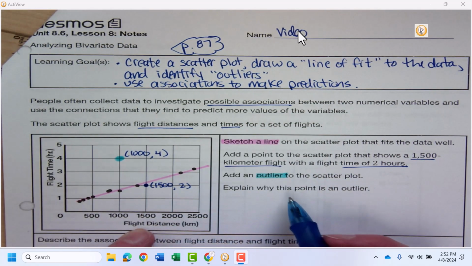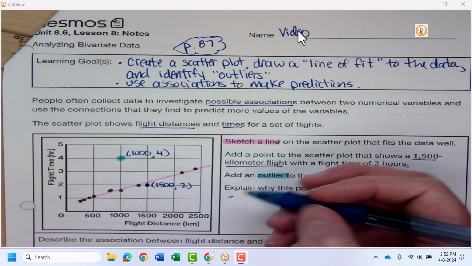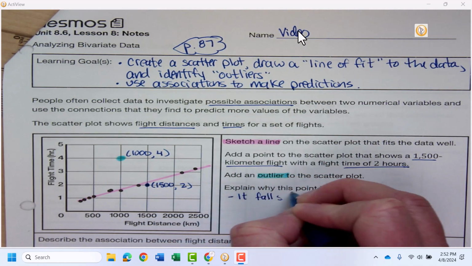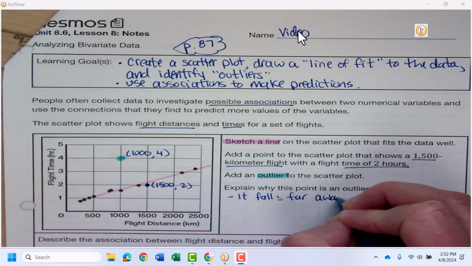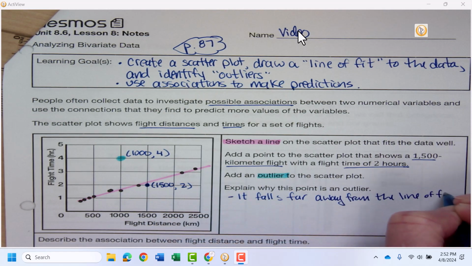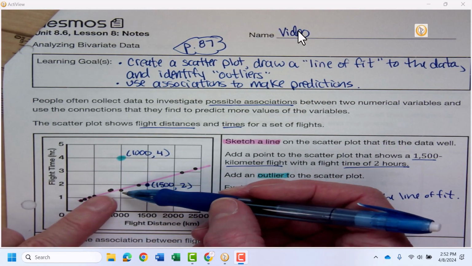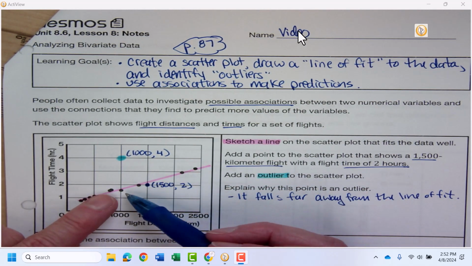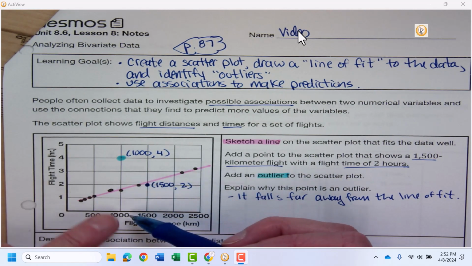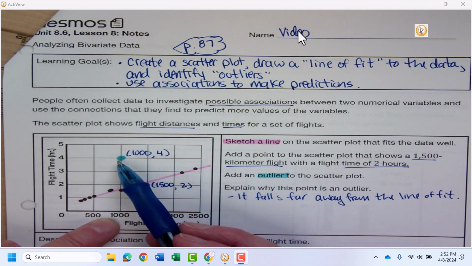And to explain why this point is an outlier, well, first of all, it's far away from the line of fit. And secondly, this flight that's 1,000 kilometers looks like it takes much longer than it should. A flight of that distance should only take a little under 2 hours, but this one takes 4. I'd hate to be on this flight.